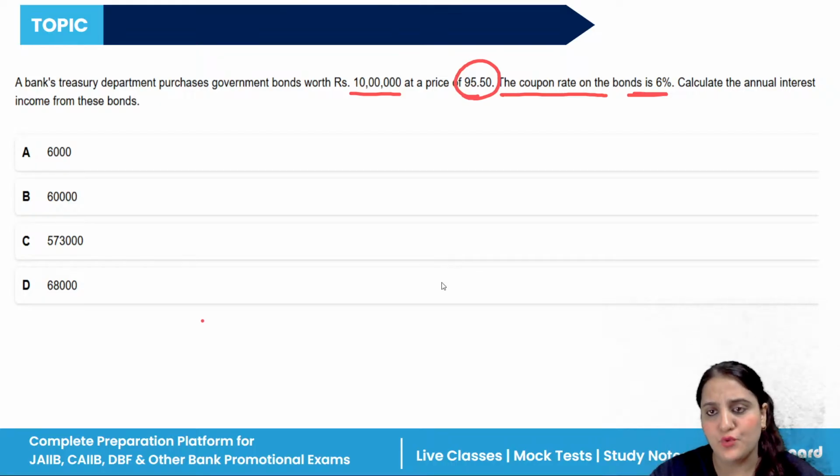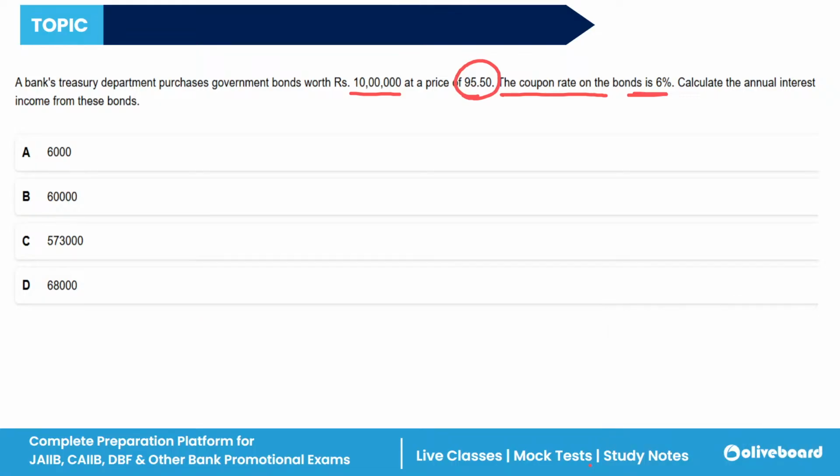Simply we have to calculate the annual interest from the bonds. We have given the face value of 10 lakh, purchase price is given, coupon rate is given, that is 6% annually. So simple calculations are there.